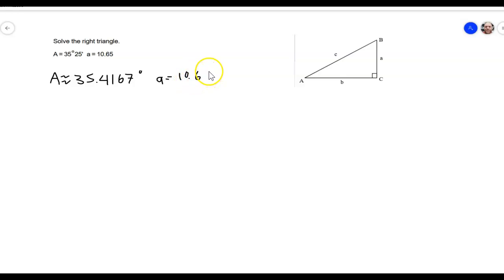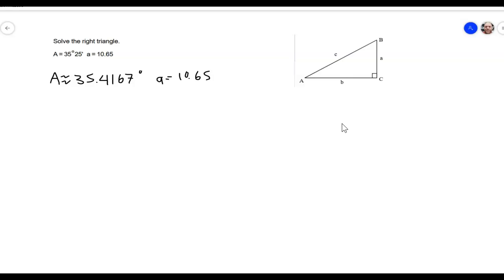All right, so in order to find the other sides and angles, I'm going to be using my trig functions. Given that this is the acute angle that I know, and I know the opposite side, I'm going to want to use a trig function that uses the opposite side.